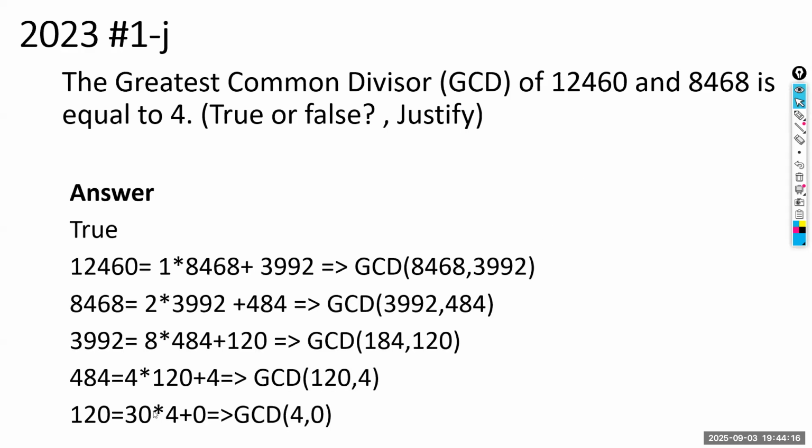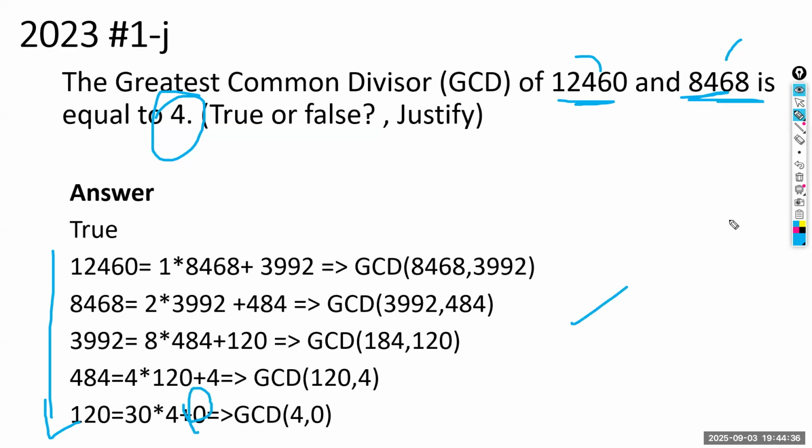When you get 0, this is your answer. So this one's GCD is actually 4. Though these are very big numbers, the biggest number that divides both is 4. With the Euclidean algorithm, very quickly you can find it because you get 0. You should be able to do it by yourself.